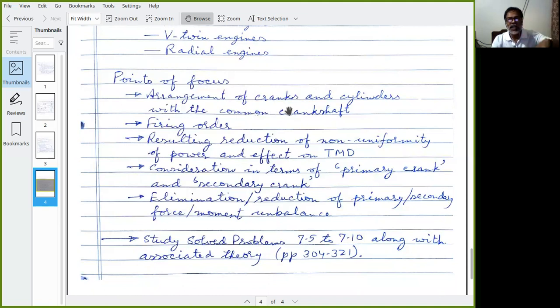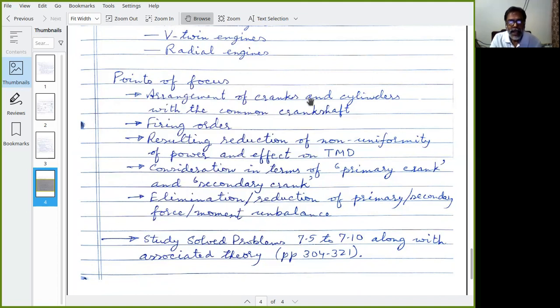So it is the geometry of the crankshaft and the crank, and the cylinders, that means the cylinders in their relative geometric dispositions with the common crankshaft. This is one important thing.